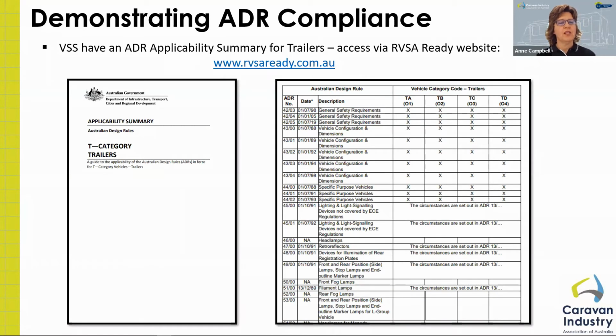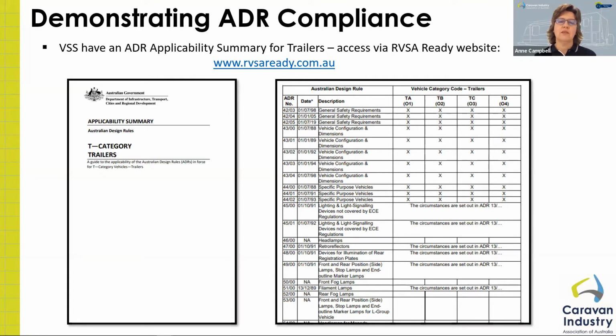The Department of Infrastructure, BSS, have an ADR applicability summary for trailers. That's accessible via our RVSA Ready website, and looks like this. The requirements of ADRs are usually aligned with trailer category codes. So TA, TB, TC and TD are the four categories that apply to trailers.